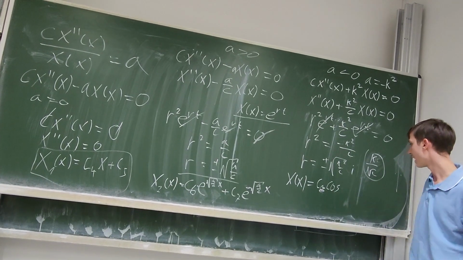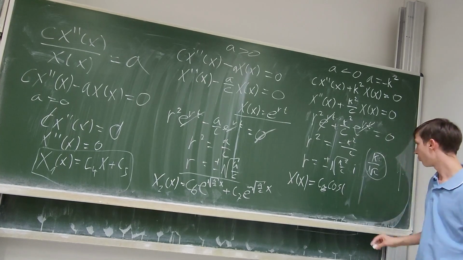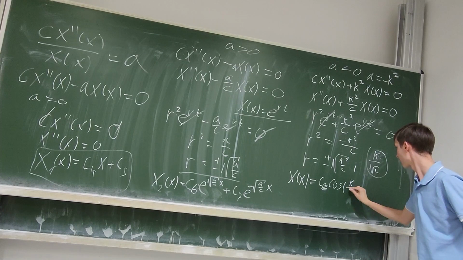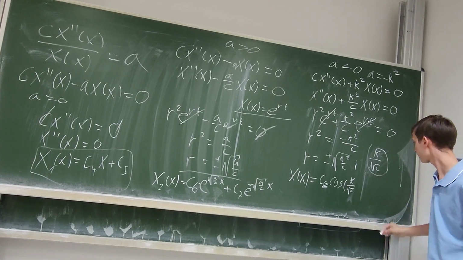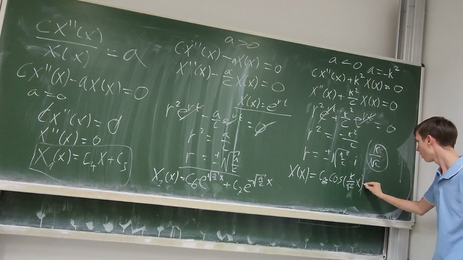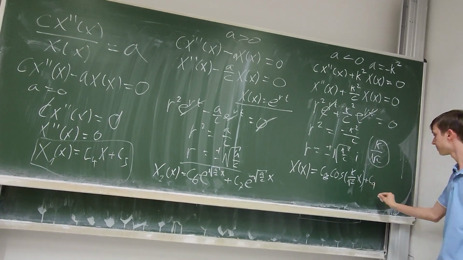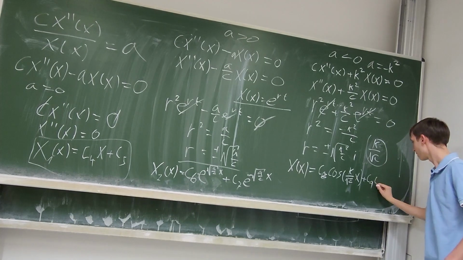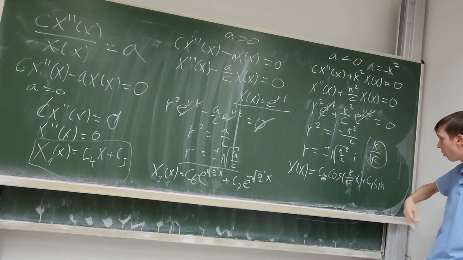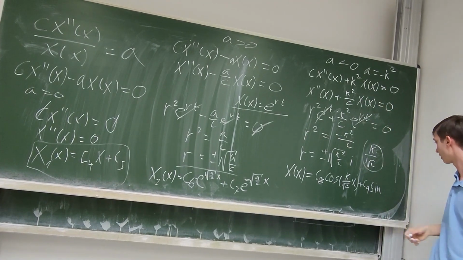Anyway, this turns out to be C8 cosine of this k over square root of c times x, which is the independent variable, plus another arbitrary constant C9 times sine without the i. Of course, this reminds you of complex numbers and the polar form, going from the exponential form to this polar form.